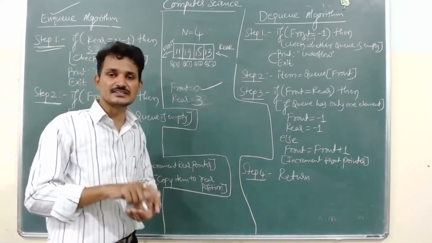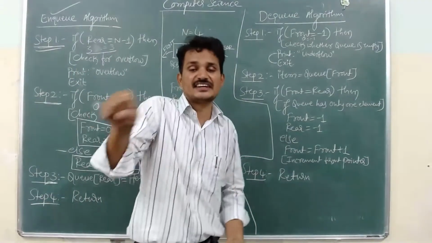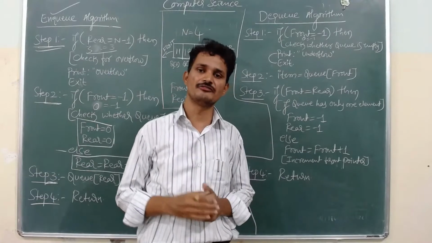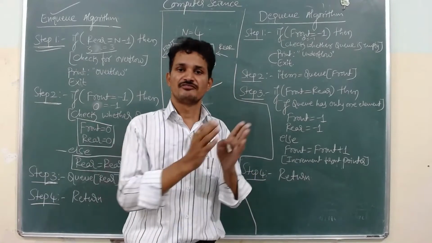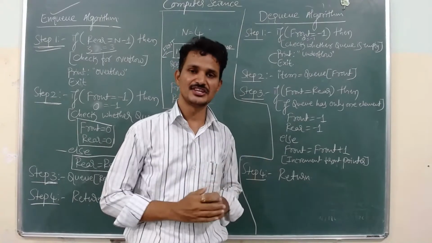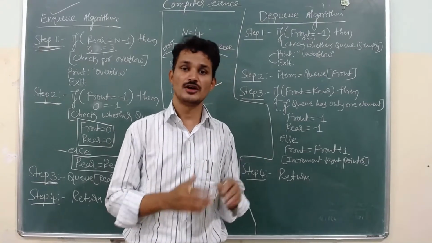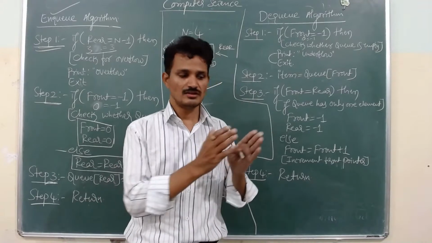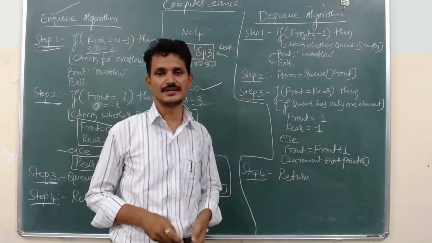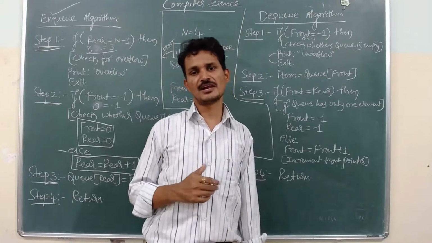I am targeting that element should be deleted first, because the queue data structure follows the principle of FIFO, which stands for first in, first out. I'll repeat once again: the queue data structure follows the principle of FIFO, first in, first out. As I said earlier at the beginning of the class, the best example is a bank.